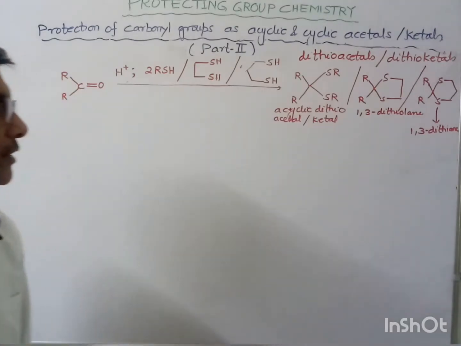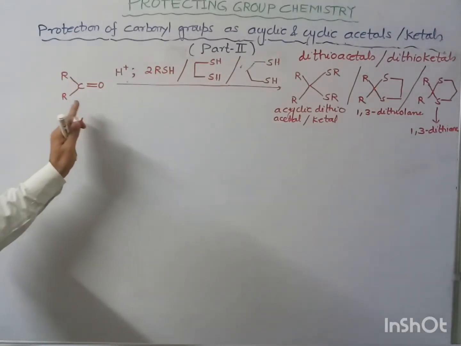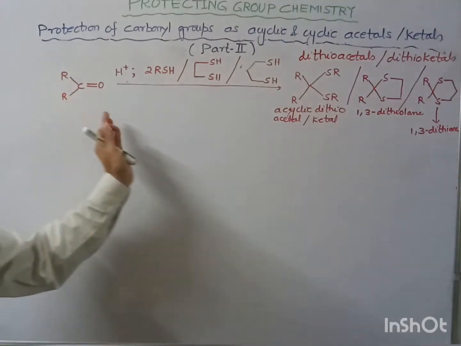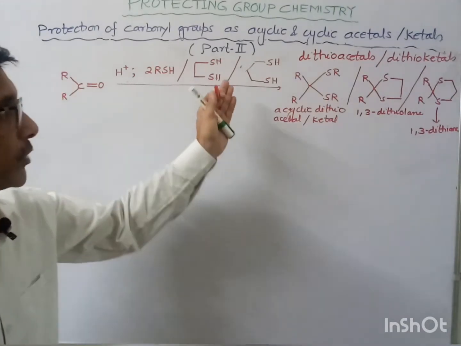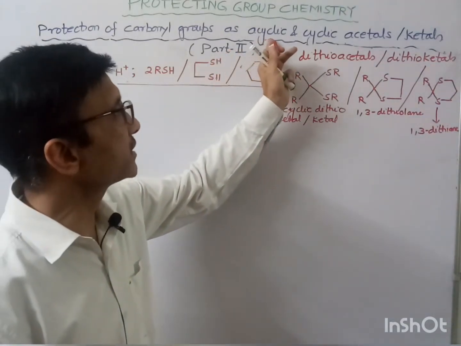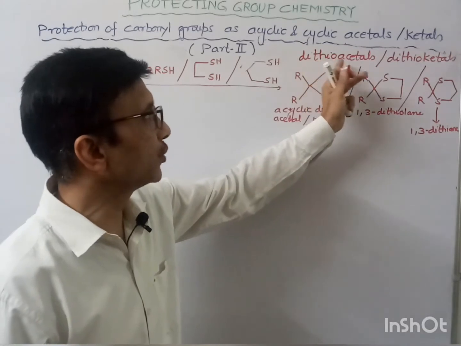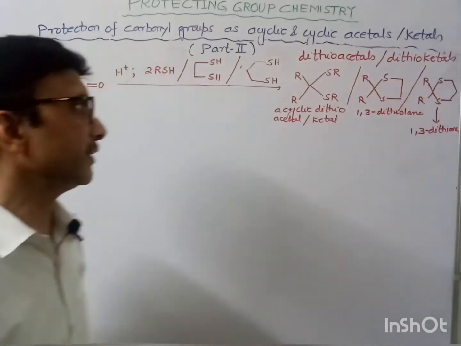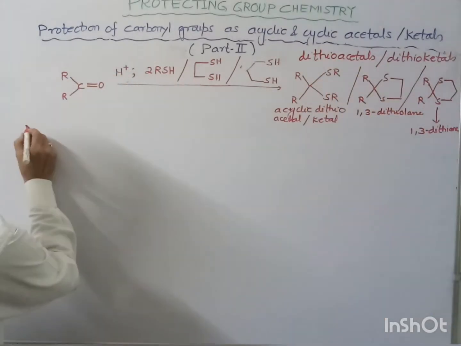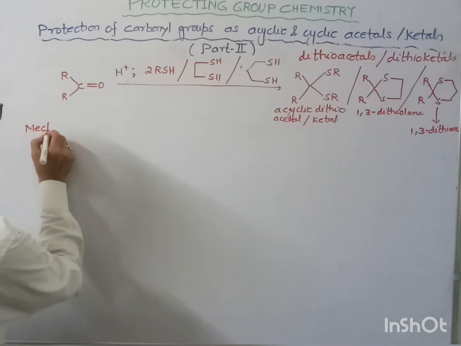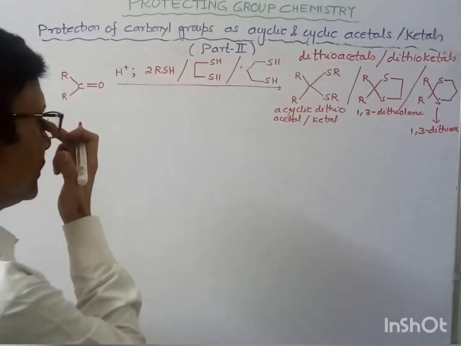So these are the different ways by which the carbonyl compounds can be protected in the form of acyclic and cyclic dithioacetals and dithioketals. Now let's see the mechanism of protection and deprotection.